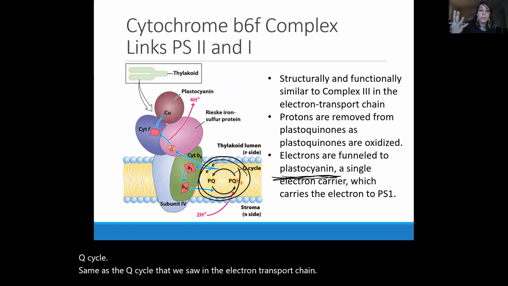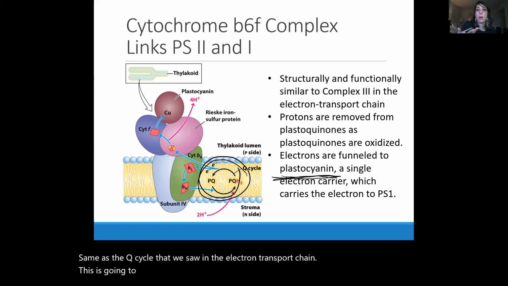This is going to then transfer to our last complex, photosystem 1.